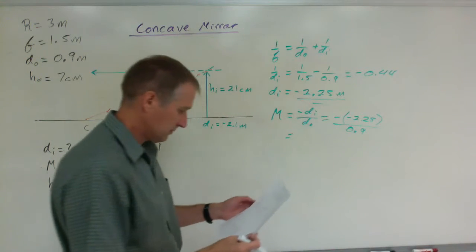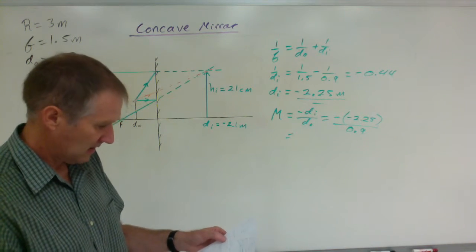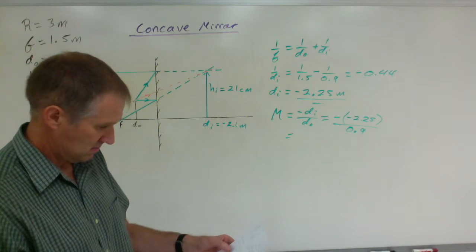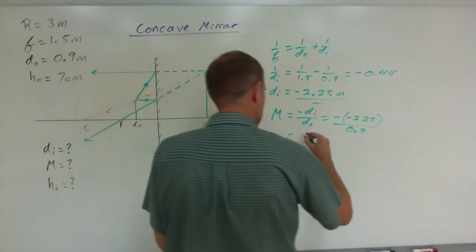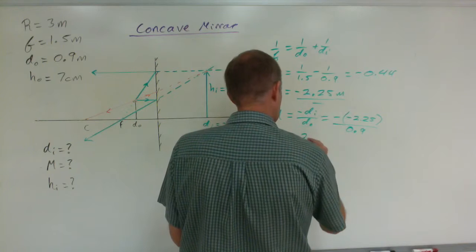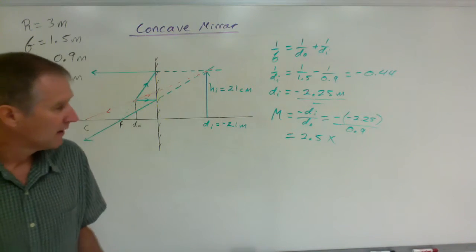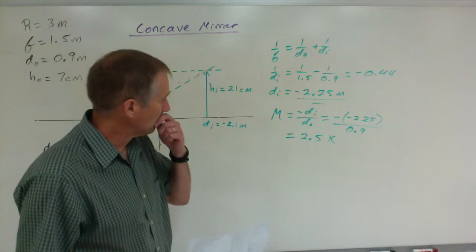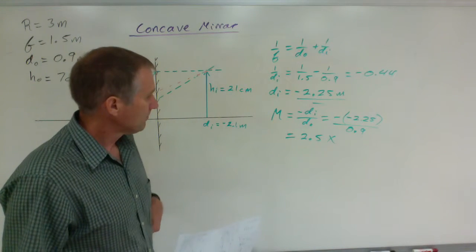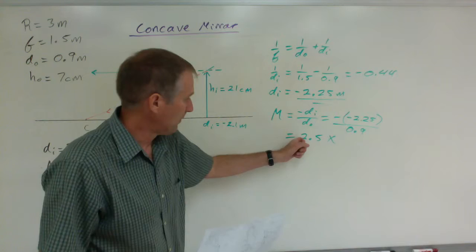And that comes out to be a positive 2.5 times. So the image is going to be 2.5 times larger than the object. Again, negative times a negative gives you a positive.